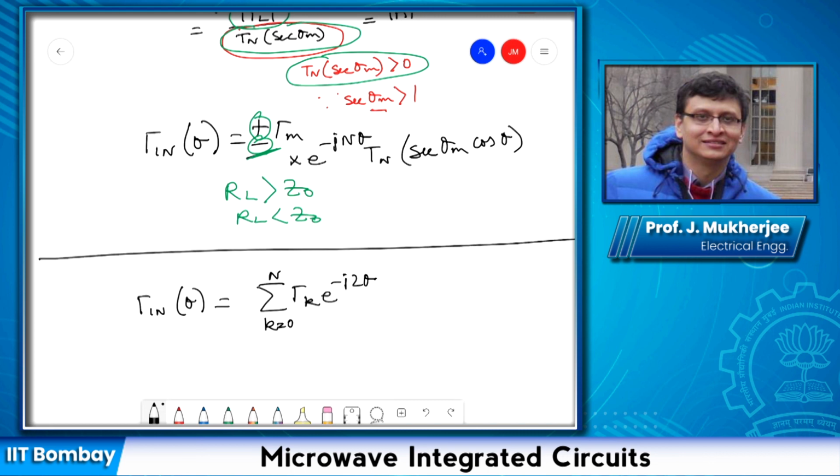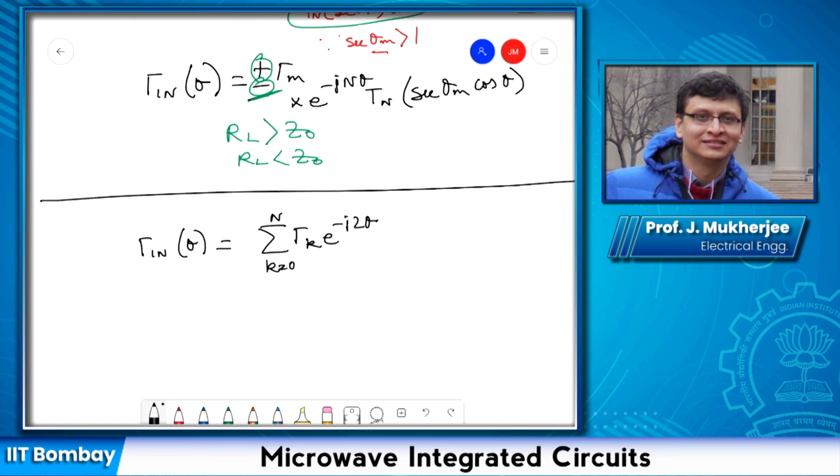For convenience, we take gamma k as equal to half of ln of z k plus 1 upon zk.